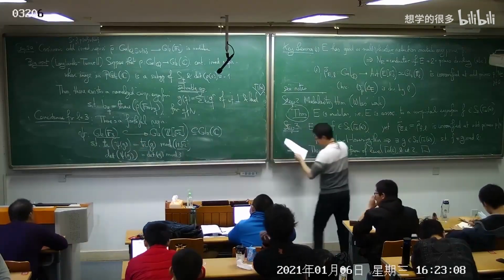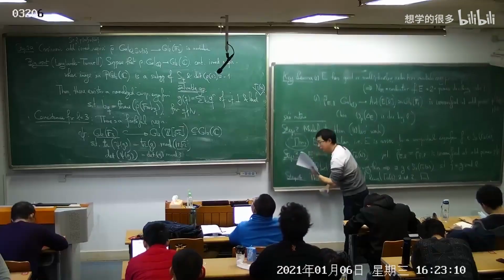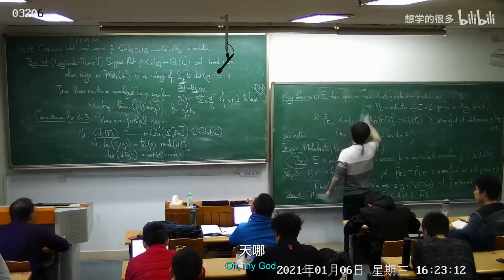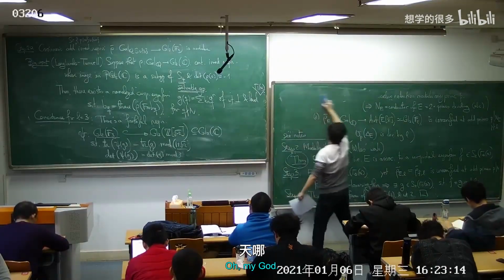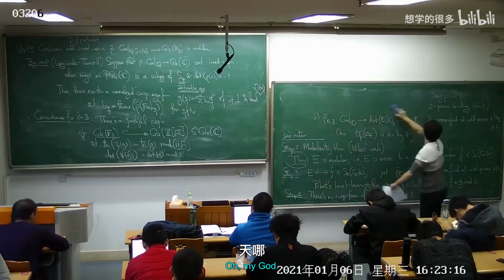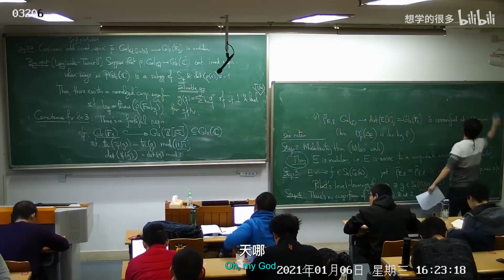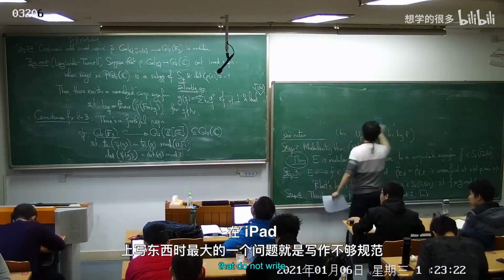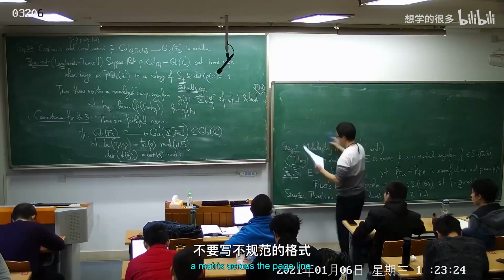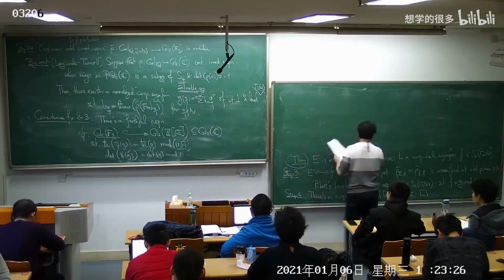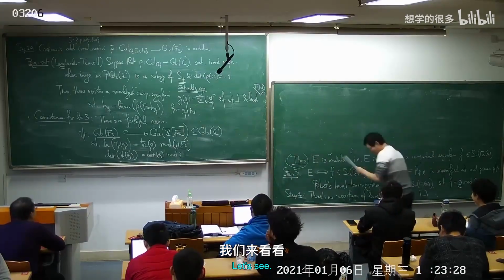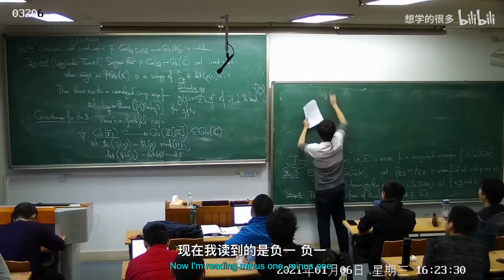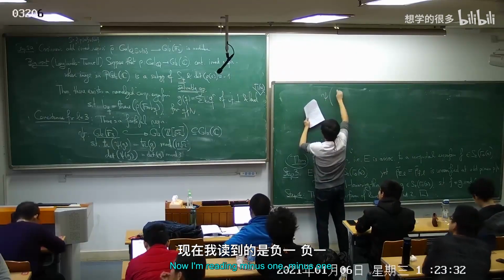Oh my god. One of the big issues of writing things on an iPad is that you should not write a matrix across the page line. Let's see. Now I'm reading -1, -1.